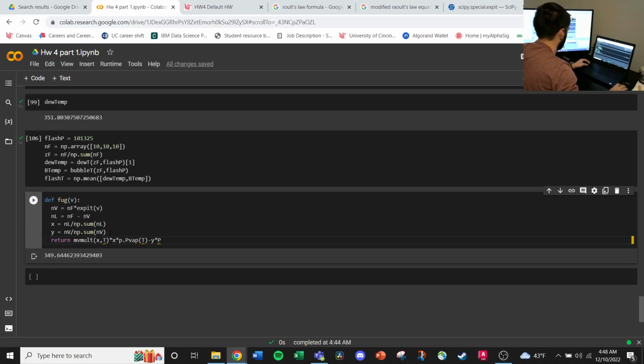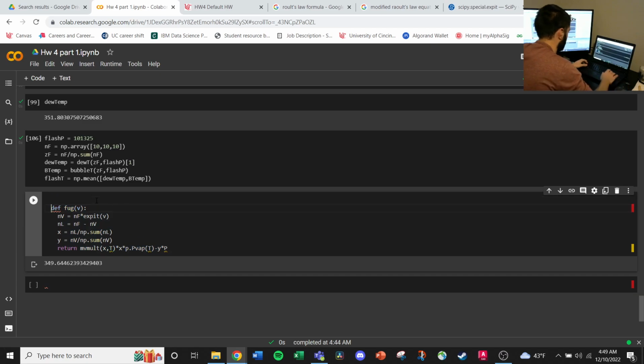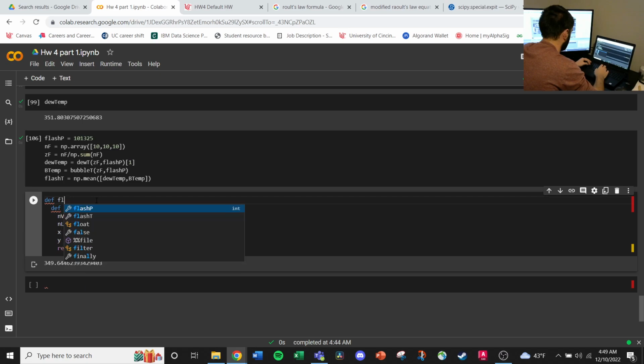Alright, so now what we have to worry about is we don't have a temperature and pressure defined yet. So this fugacity function that we're solving for, we're actually going to want this to be inside of an outer function that we feed our conditions to. So I think if I highlight all of this and bring it in, it's going to yell at me until I define another function out of it, and I guess we'll call it flash.